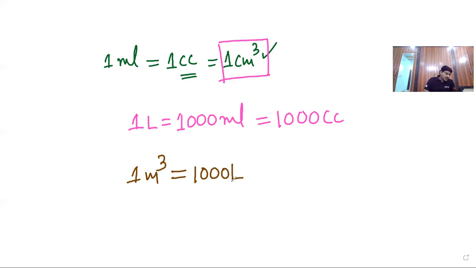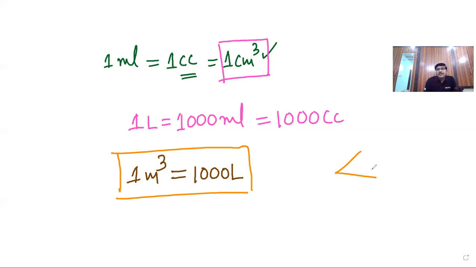1 cubic meter is equal to 1000 liters. This is very, very important for all the problems we make use of. What does 1 cubic meter mean?